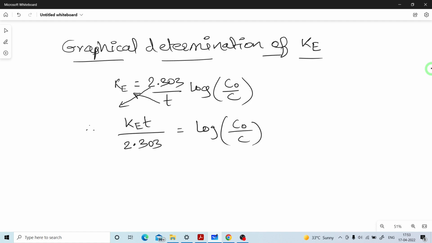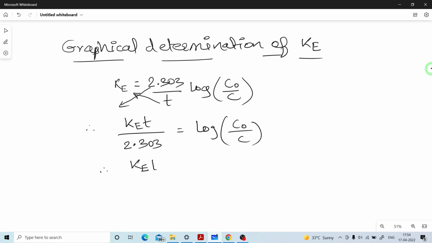We had reached this logarithmic term from the equation log of A upon B is equal to log of A minus log of B. Initially, this term was log of C0 minus log of C, and using that formula in reverse, we had come to log of C0 upon C. Again, we are going to revert it back. Instead of writing log of C0 upon C, we are again going to rewrite it as log of C0 minus log of C.